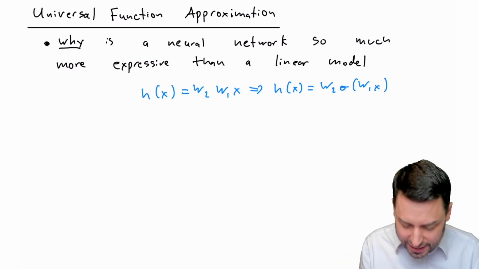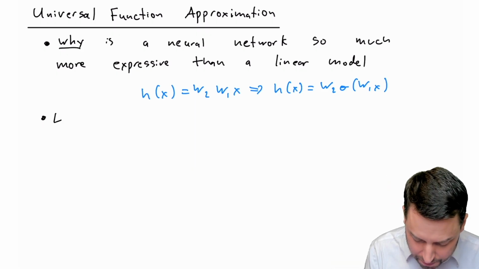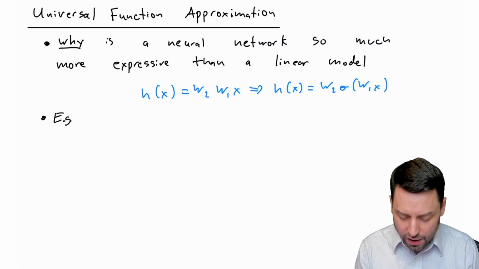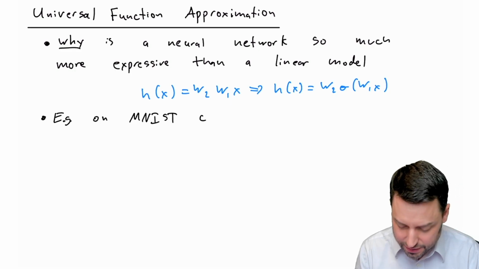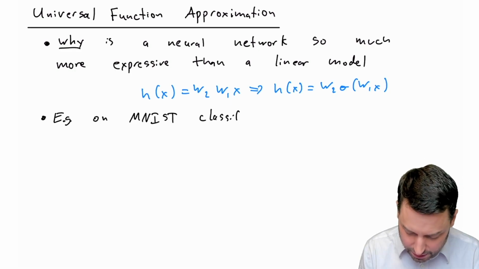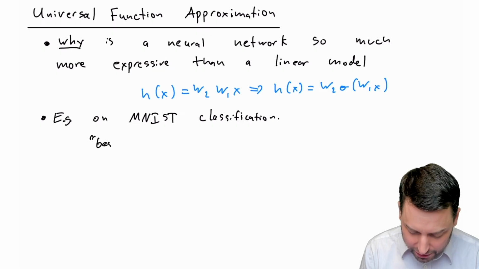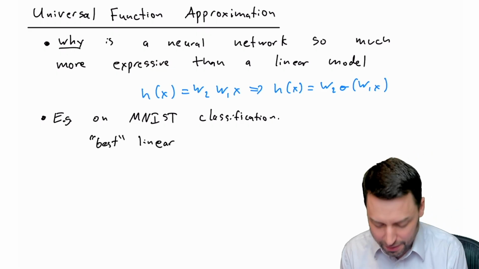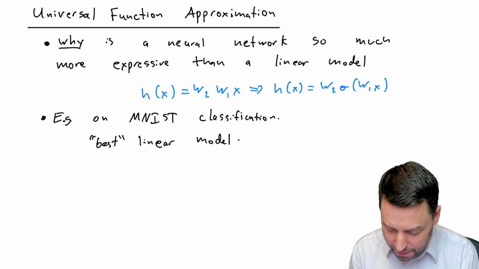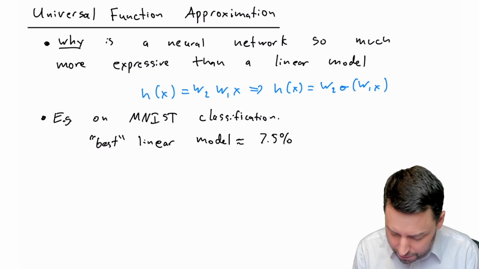So as an example, what you will see on your homework is that on this MNIST classification problem, a problem of classifying digits, the best linear model, and I'm putting best in quotes here because it's approximate, gets on the order of about 7.5% error.